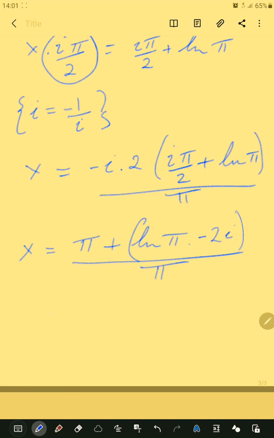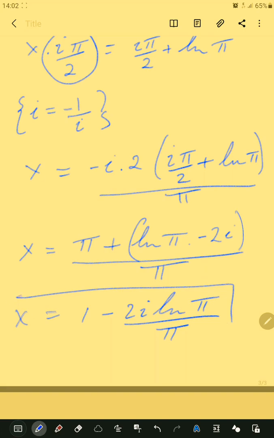Okay, so the pi's cancel out, we have 1 plus, actually we'll just take the negative to the other side, so instead we will say 1 minus 2i ln of pi divided by pi. So that is our answer for x.